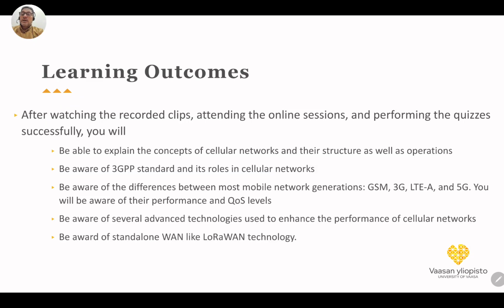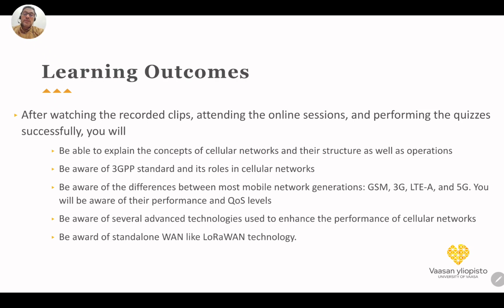The learning outcome: after watching the recorded clips of this part, attending the online sessions, and performing the quizzes successfully, you will be able to explain the concepts of cellular networks and their structure as well as operations. Be aware of the 3GPP standard and its role in cellular networks.